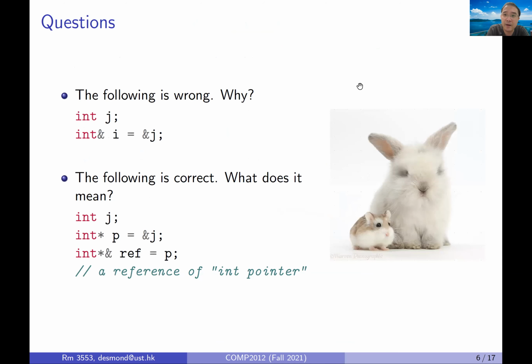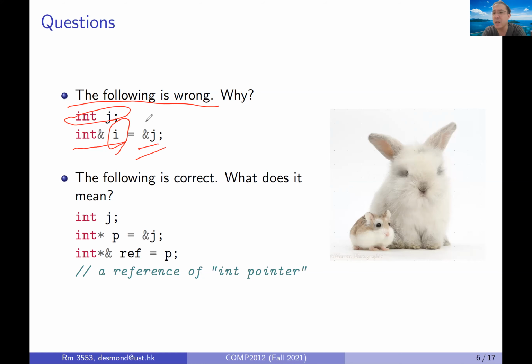All right, everyone. Why is this wrong? Int J, absolutely okay. Int ampersand I, I define a nickname I, but I bind the nickname I to an address because ampersand J means an address, right?